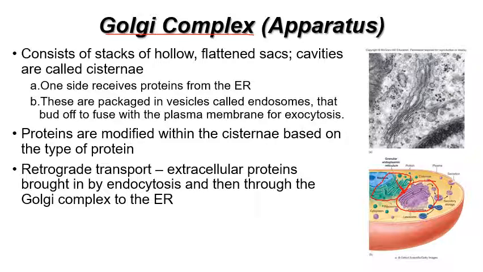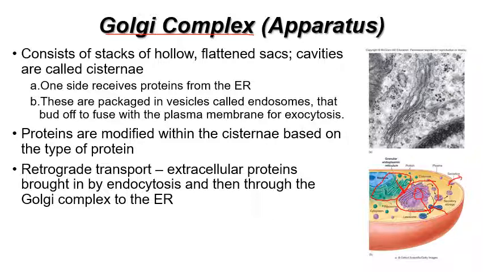It will modify the protein and package it to be sent out. Because the proteins that are made at the ribosomes in the endoplasmic reticulum are made to be sent out. They don't stay in the cell. They're either going to be sent to the membrane, or they're going to be sent for secretion.